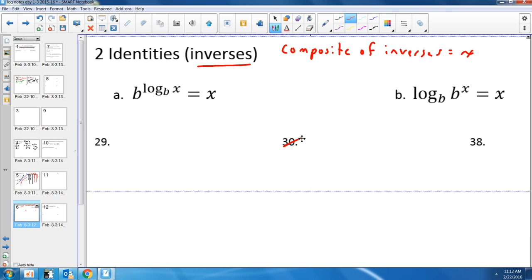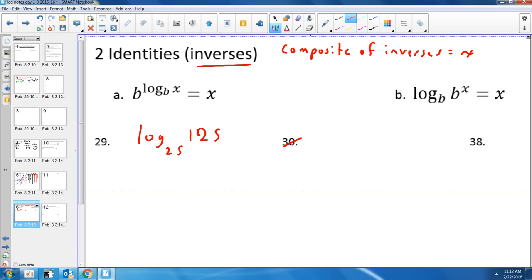Let's go ahead and look at number 29. Now, you don't really need to know that to solve problems. This idea is mainly used in proving identities, log identities. So let's go ahead and do 2 more problems. Log base 25 of 125 is equal to what?